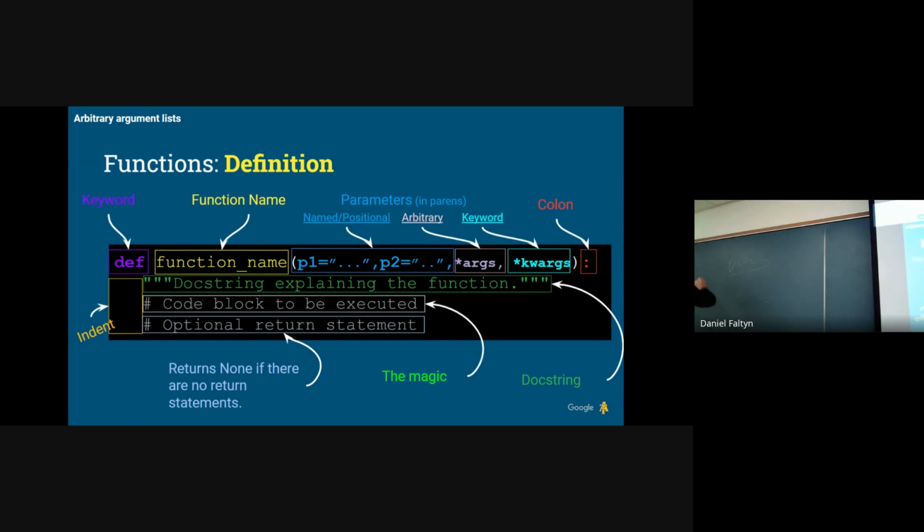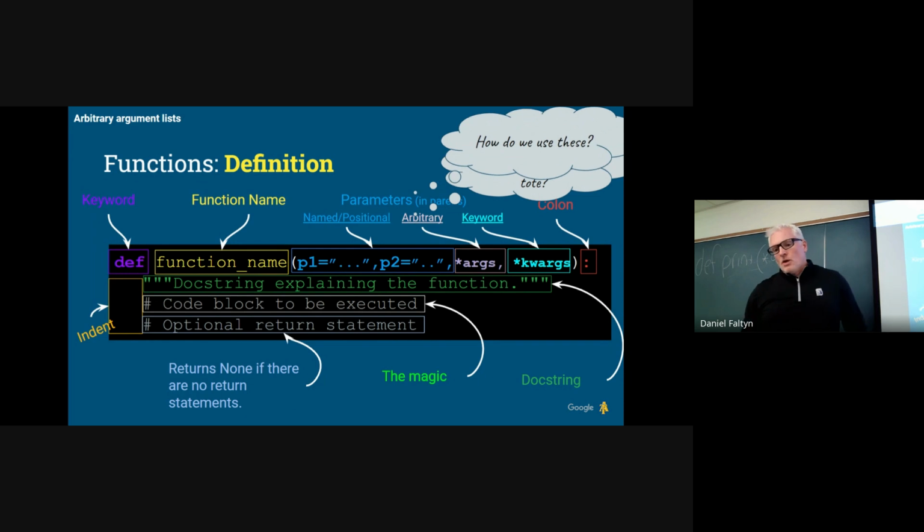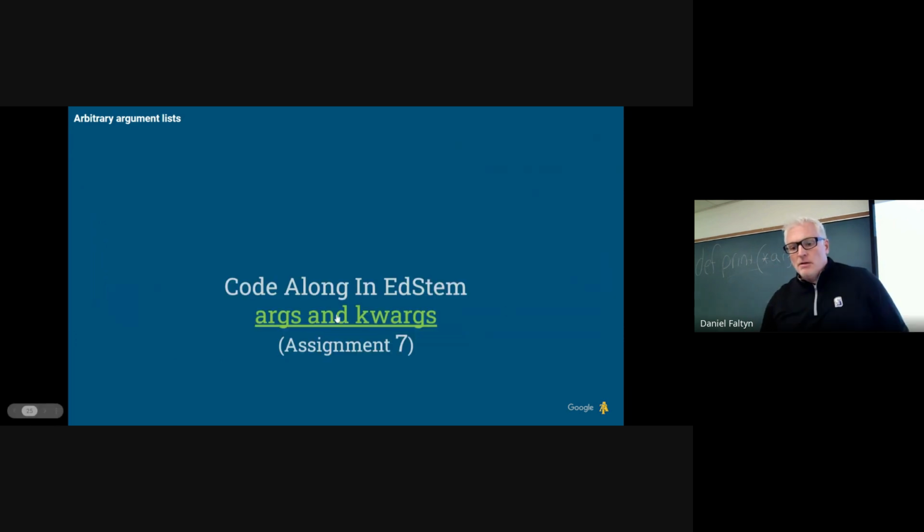And so if you look at the signature of that, if you were to write the print function, you would see def print, star args. The real magic there is how you use args inside the implementation of your function.